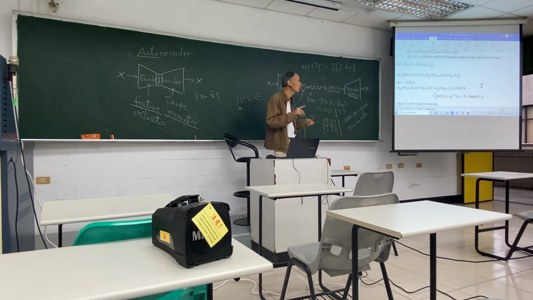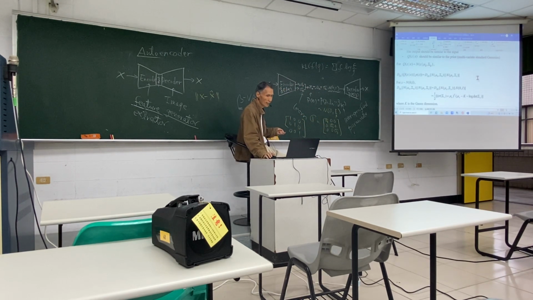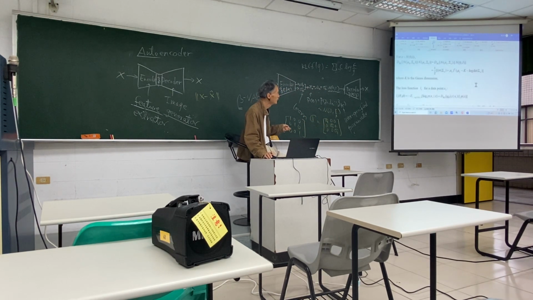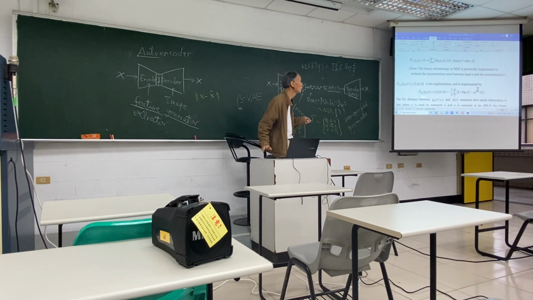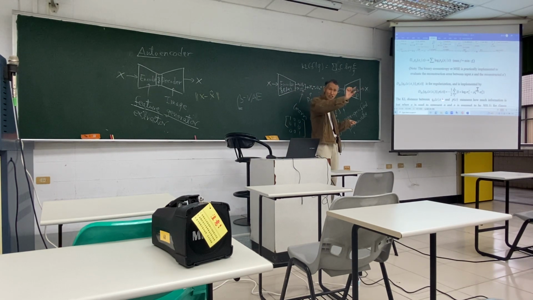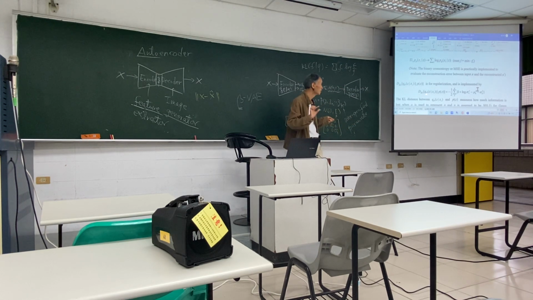Now, it can be further simplified. A little bit trivial, but this is the final form. So when you read the Keras code, the regularization term, you will see this term here. Okay, this is the final term you use.